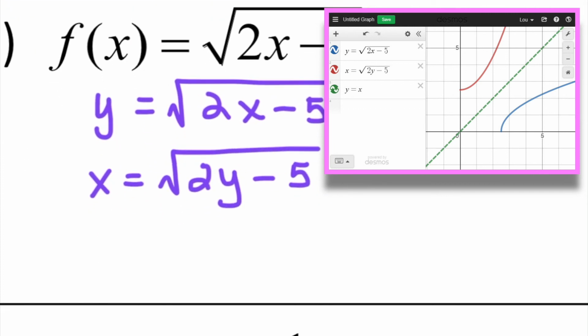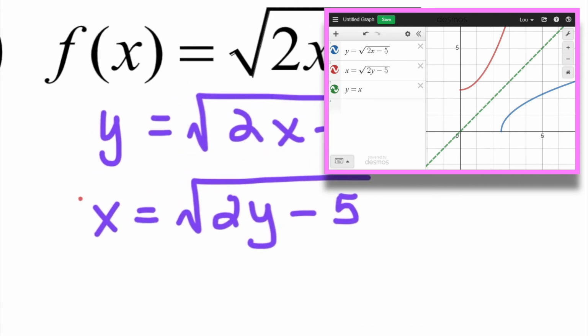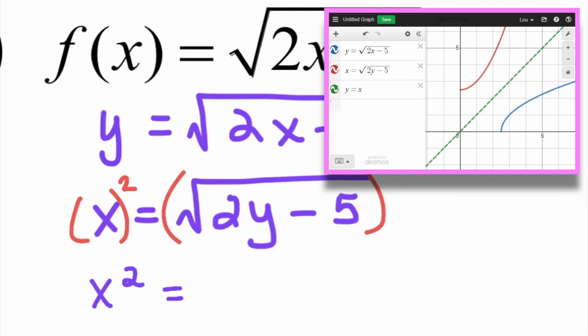And then you want to get the y by itself. So in this case, in order to get the y outside of the square root, you want to square both sides. And I end up with x squared equals, and then it's just whatever was inside the radical, so 2y minus 5.